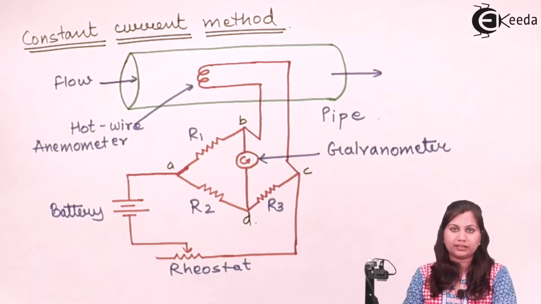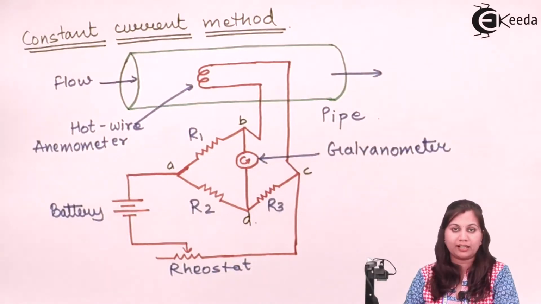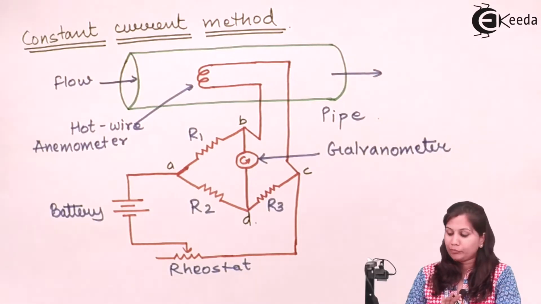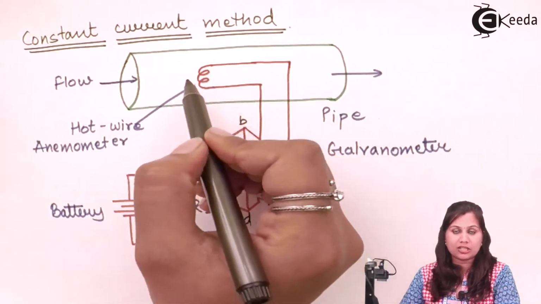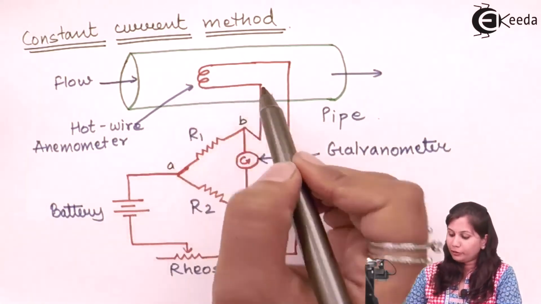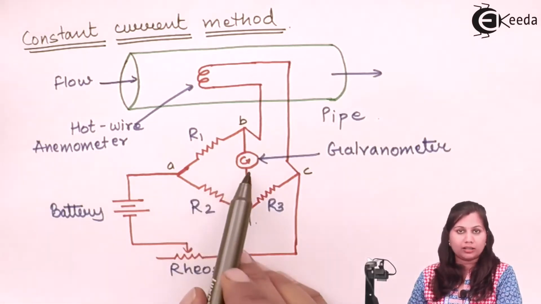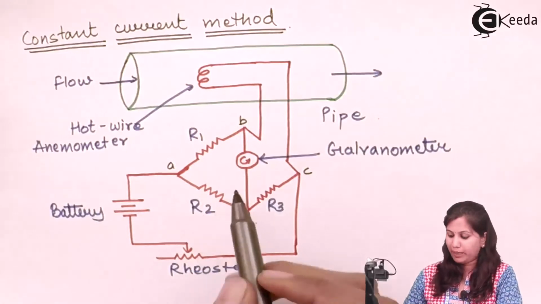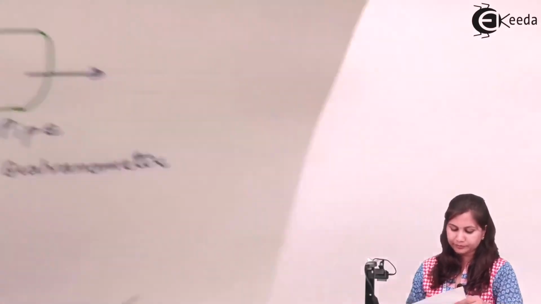Earlier it was under the balance conditions. The galvanometer was showing us null deflection, it was at zero position. It means that the bridge was balanced, but due to the temperature changes and the resistance changes of this wire, the unbalancing of the bridge occurs, and this unbalancing is reflected by the deflection of the galvanometer.